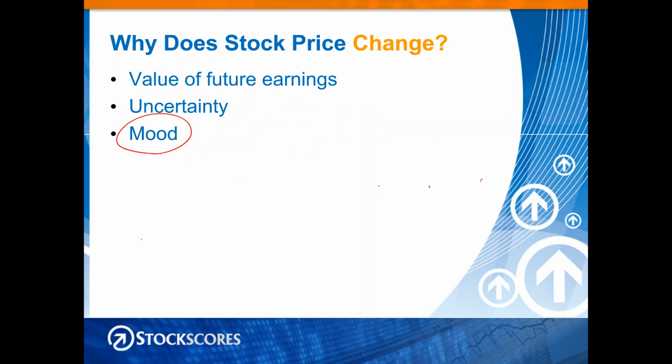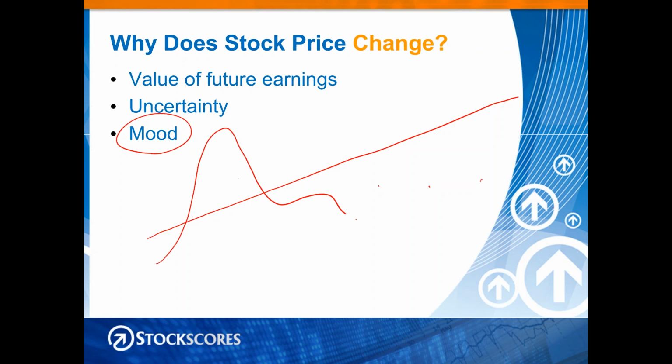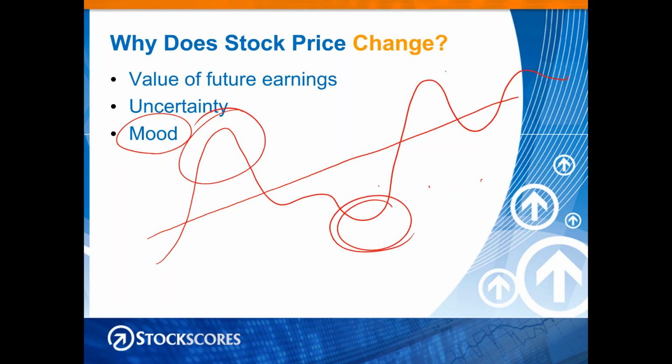If I was to draw a line based on how future earnings are going to grow for a company, it might look like this. But along the way, the stock price could go like this. And the reason is there's optimism, and there's pessimism, and there's optimism, and there's pessimism. And that's what causes price to deviate from its true fundamental value over time.